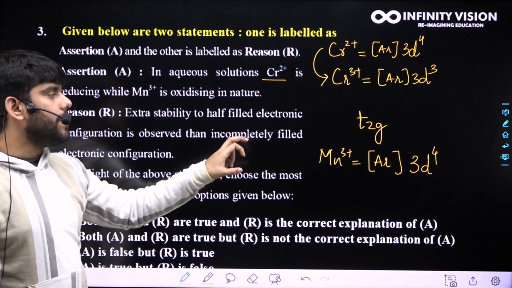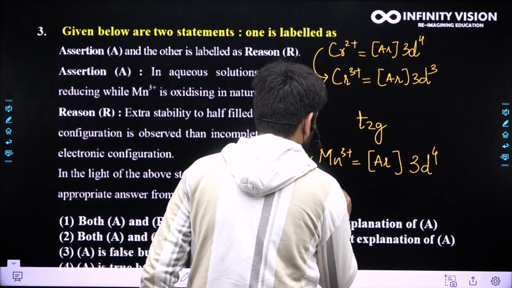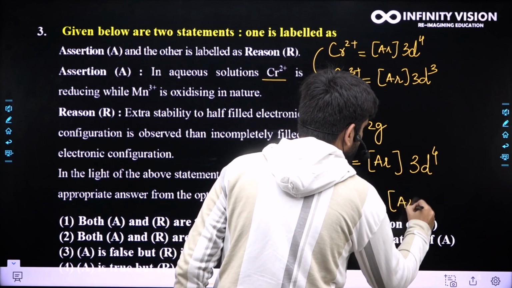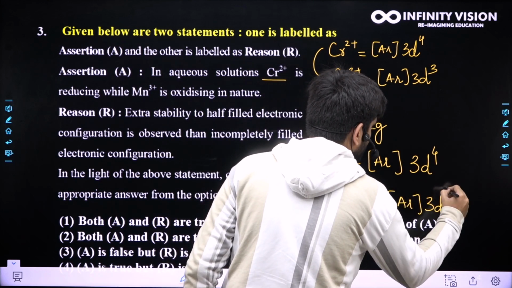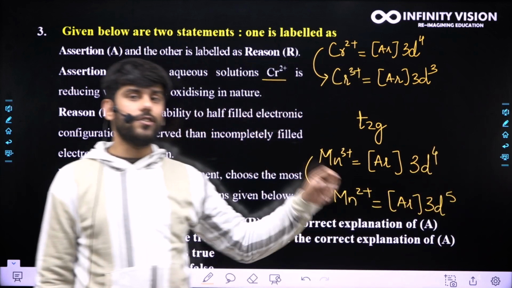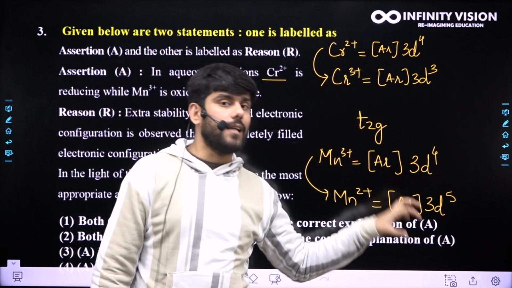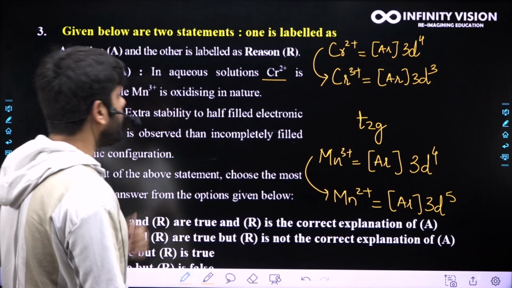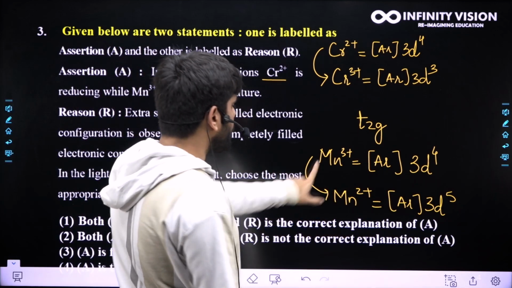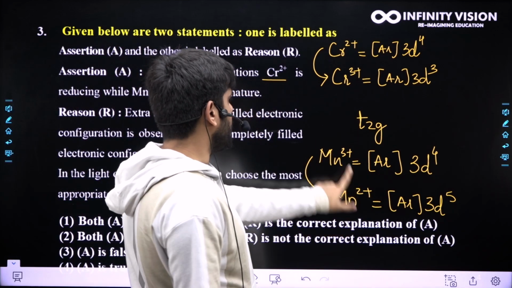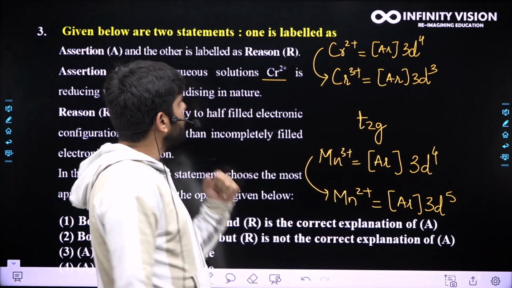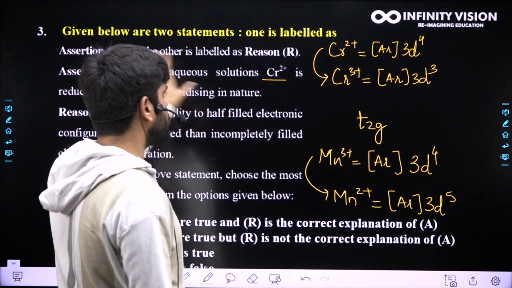Now, Mn3 plus tends to change to Mn2 plus. You know why? Because by doing so, it has the electronic configuration of 3d5, where it has exactly half-filled d orbital, which is a stable configuration. So it tends to change to Mn2 plus, and hence it is oxidizing in nature because itself it is getting reduced. So yes, this assertion is correct.